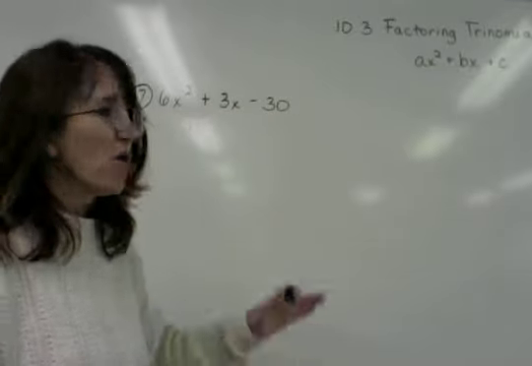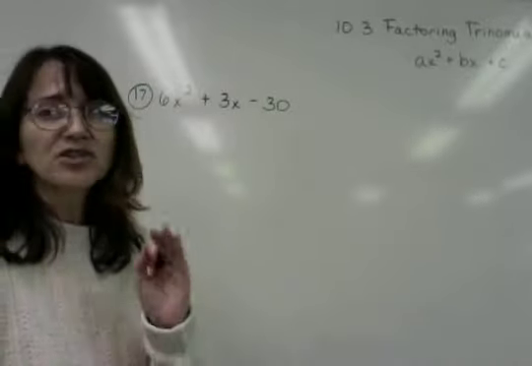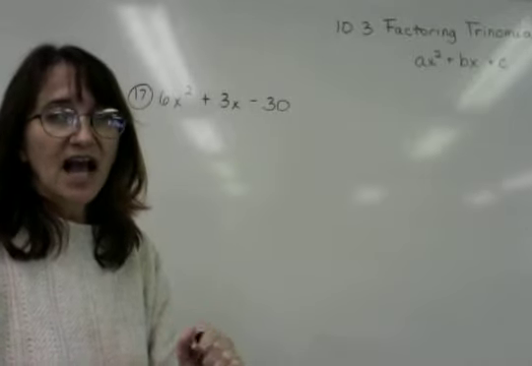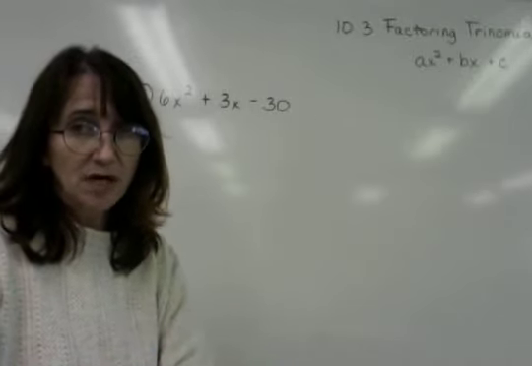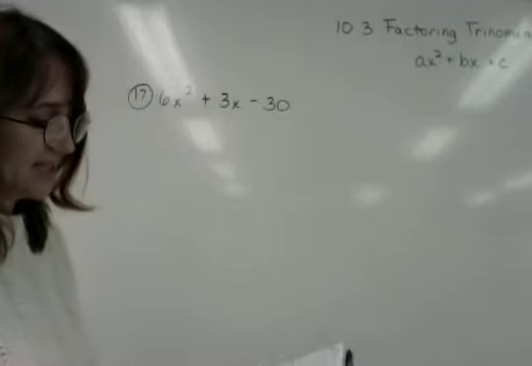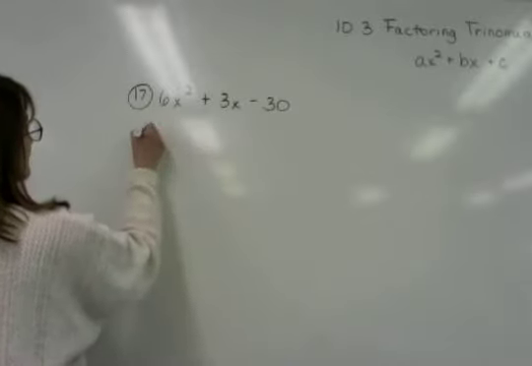What is common? Looking at just the numbers, because the letters aren't going to work. Can I divide each of those numbers by something and bring it down to something smaller? And there should be something screaming to you in 17 that I could factor out, and that would be 3.